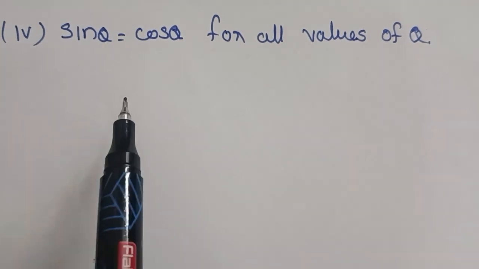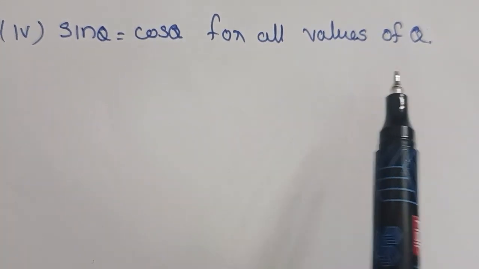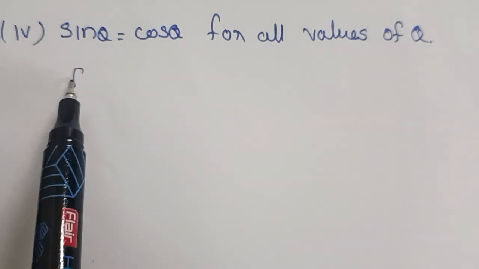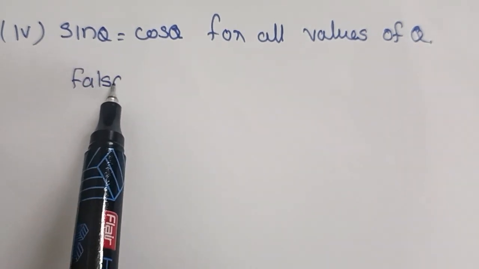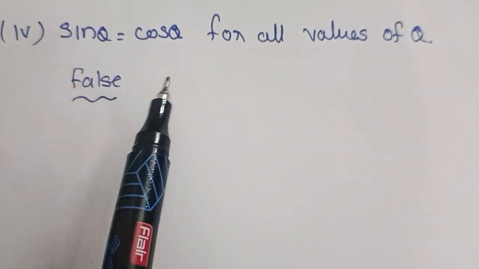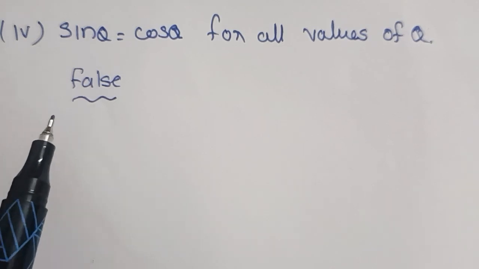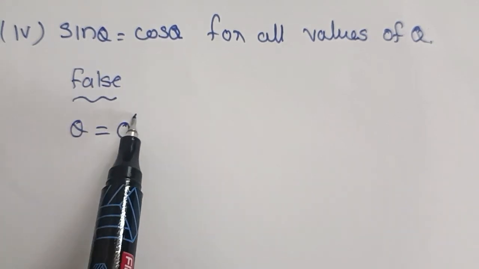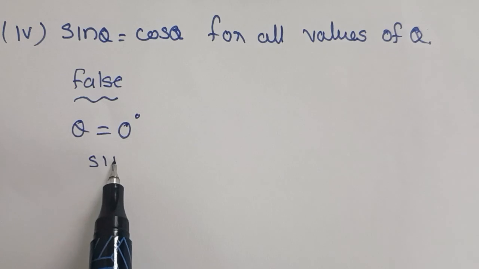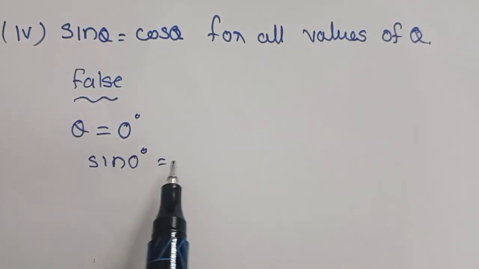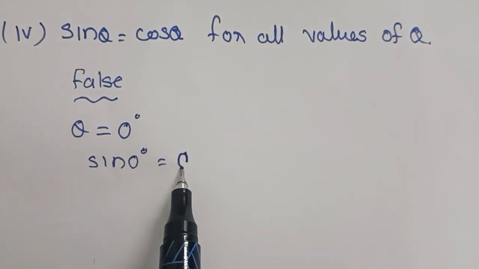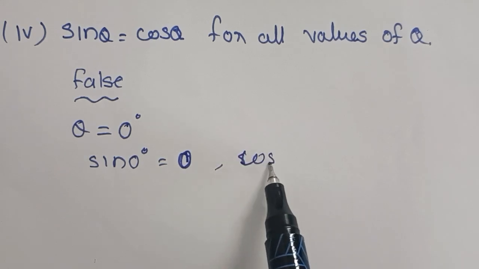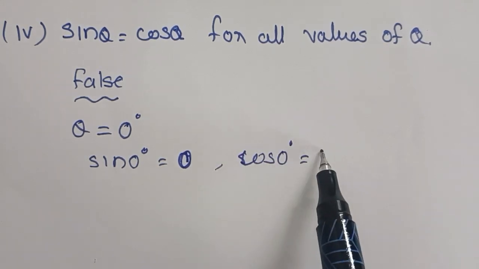Fourth question, sin theta = cos theta for all values of theta. Answer, false. Because if we take theta = 0 degrees, then we get sin 0 degrees = 0, and cos 0 degrees = 1.